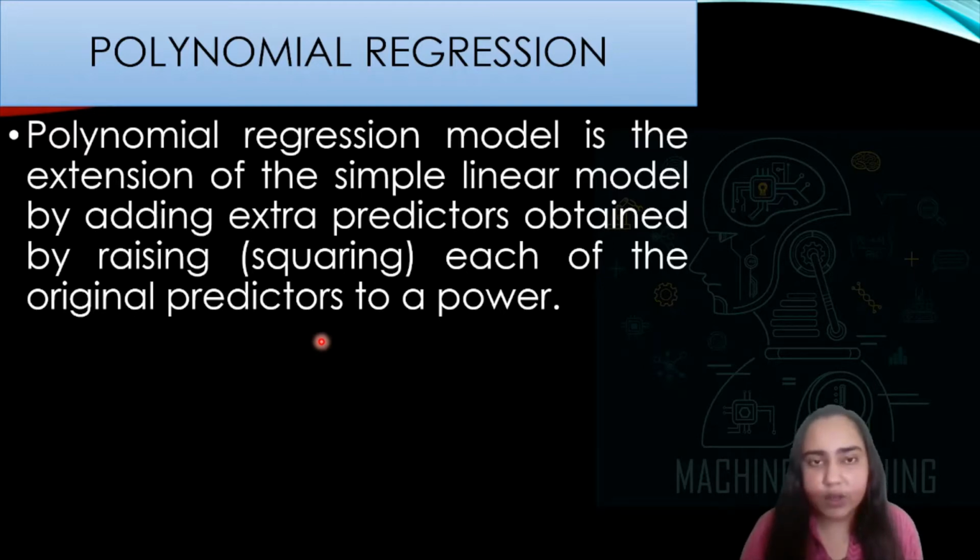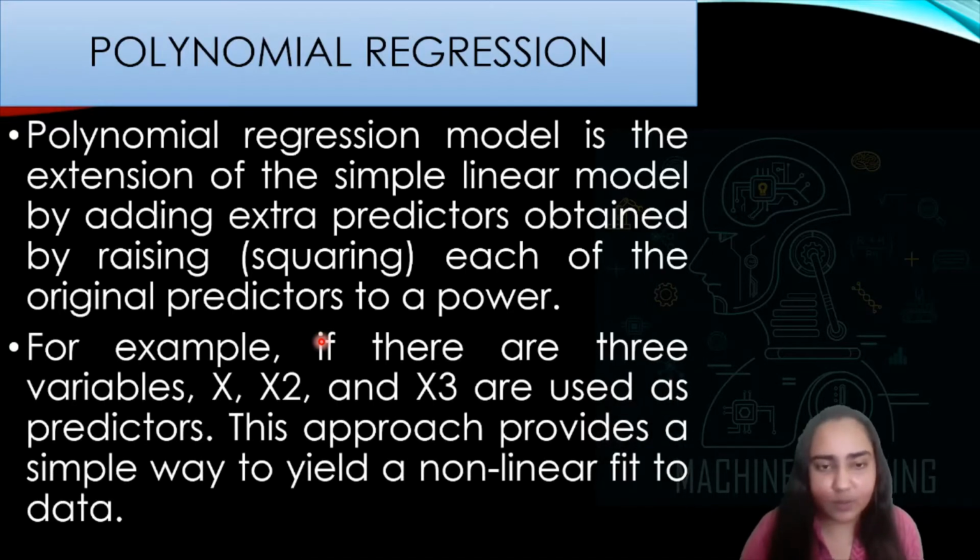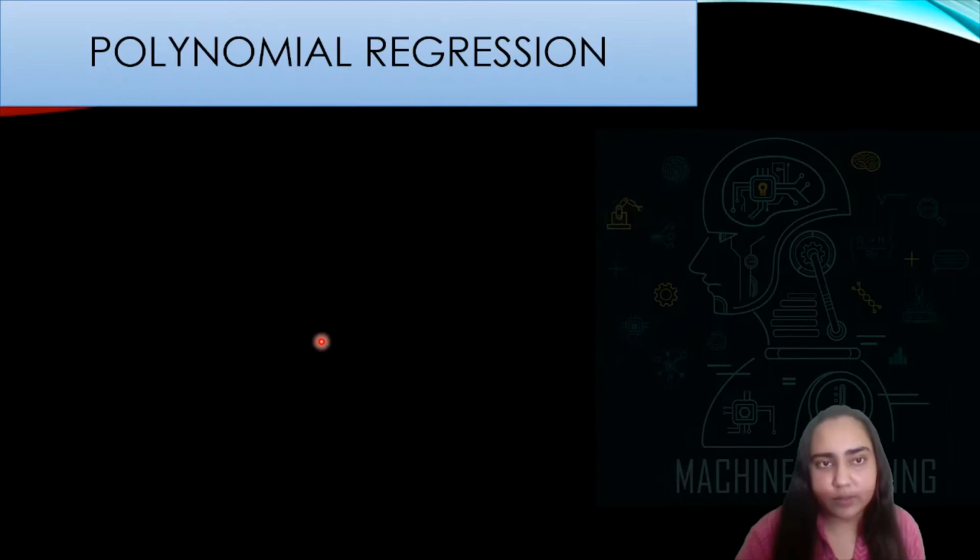So polynomial regression is different, but it is an extension of the simple linear regression, which means you will have one predictor, one dependent variable, but you will add extra predictors by raising to a power. So how does that work? For example, if you have three variables, x, x2, and x3, and you want to use them as predictors, then it provides a simple way to do that by yielding a non-linear fit to data.